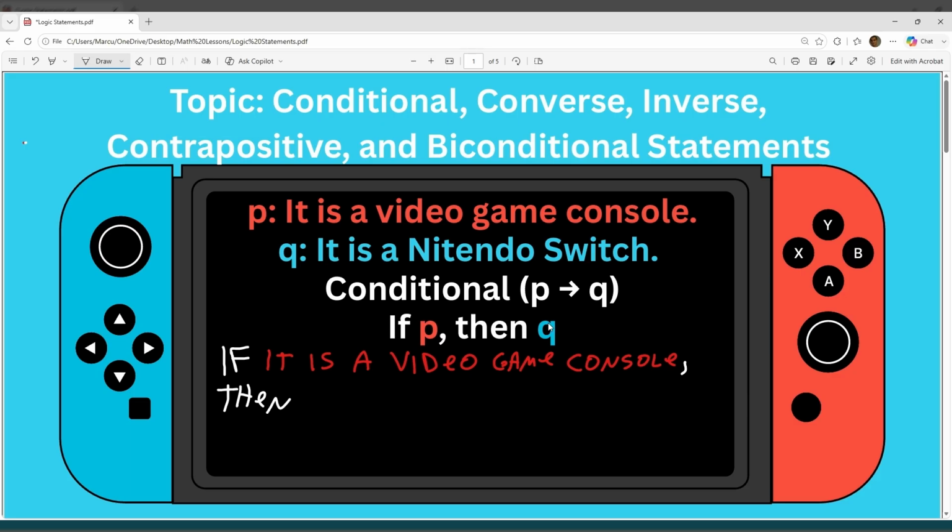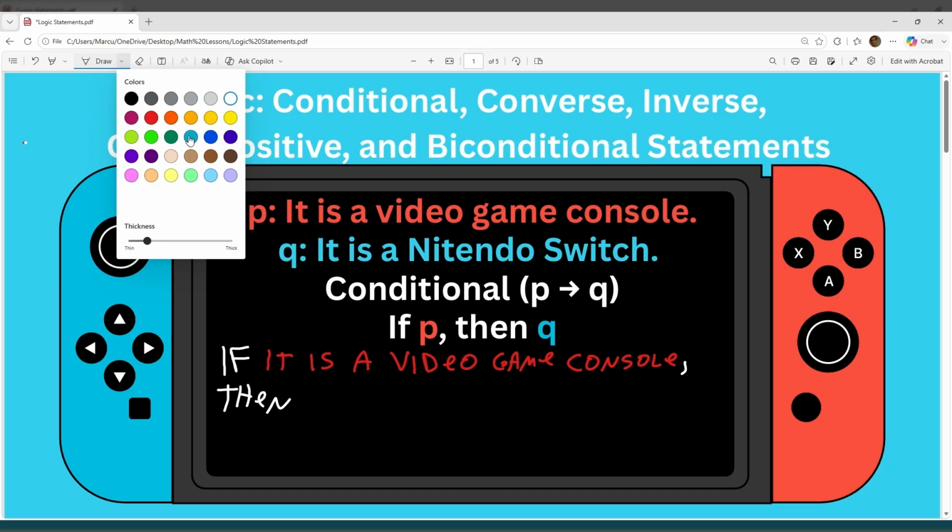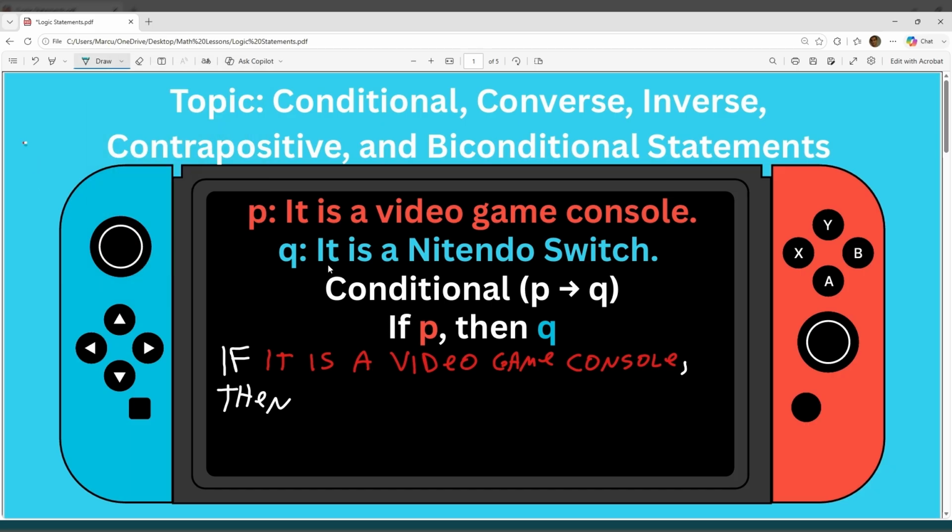And notice I have the statement Q written in blue. So we're going to do the same thing. Let's switch to blue. And instead of the letter Q written in blue, you're going to write the statement, it is a Nintendo Switch.